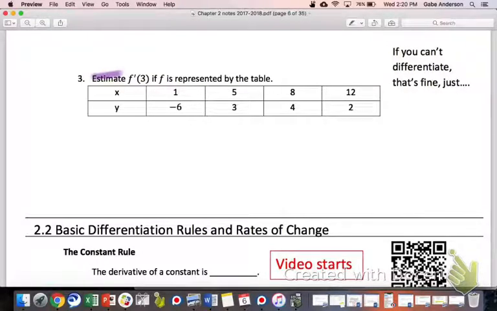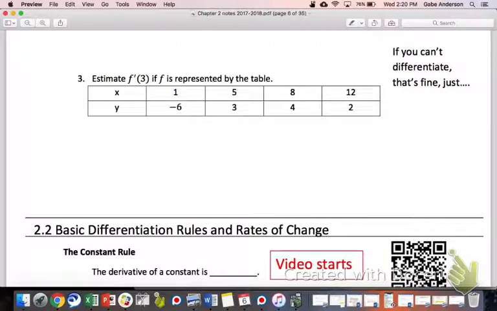Because of that, it's worth talking about what tools we have in order to estimate. Let's break this down. It says estimate f prime of 3. What does f prime of 3 mean? What does f prime mean? The derivative, right? The slope of the tangent line.